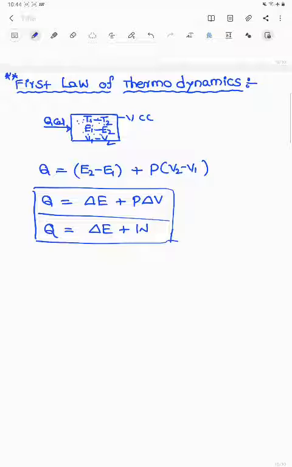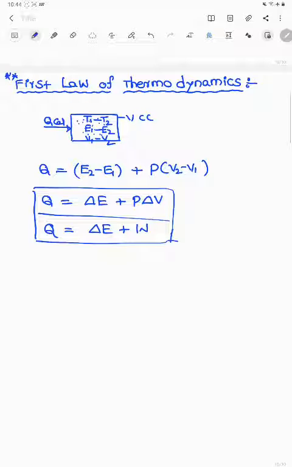Once again, energy can neither be created nor be destroyed, but one form of energy is converted into another form, which is called the first law of thermodynamics. To derive its mathematical expression, in the VCC's vessel, M mass of a gaseous molecule N is introduced initially at T1 degree centigrade temperature.